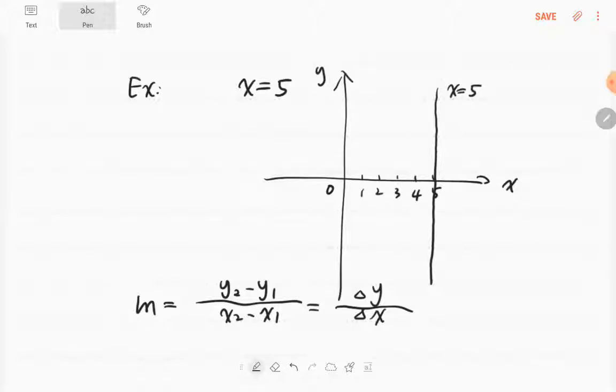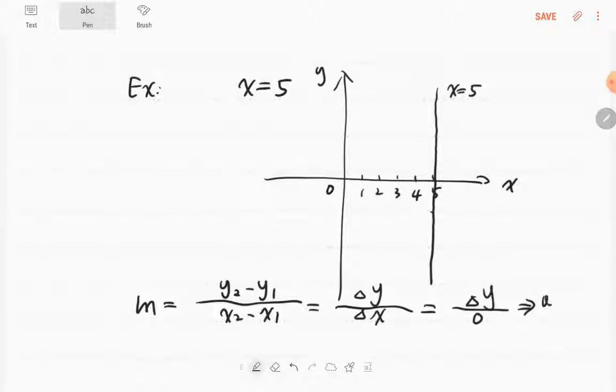X is equal to 5. No matter what y is, the x will not change. X is always 5. It's a fixed number. So in this case, the denominator, the bottom, will always be 0. So what's our conclusion? Undefined.